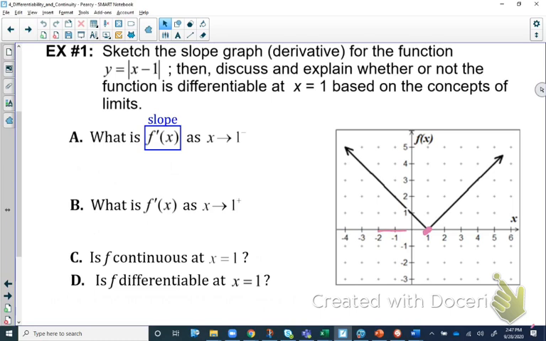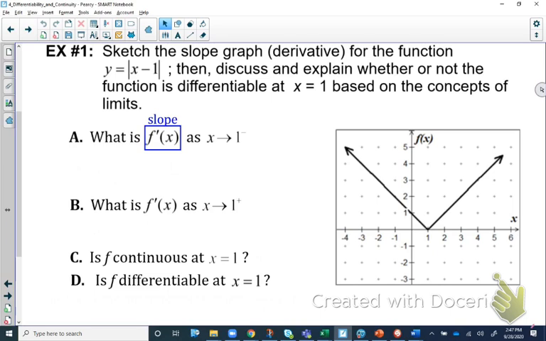A lot of kids want to say, okay, I'm going to have a tangent line here that'll have a slope of 0, and at the time we said, well, you can't have a tangent line there because the limit at that point doesn't exist. So if the limit doesn't exist at that point, we're not going to try to make it differentiable at that point.